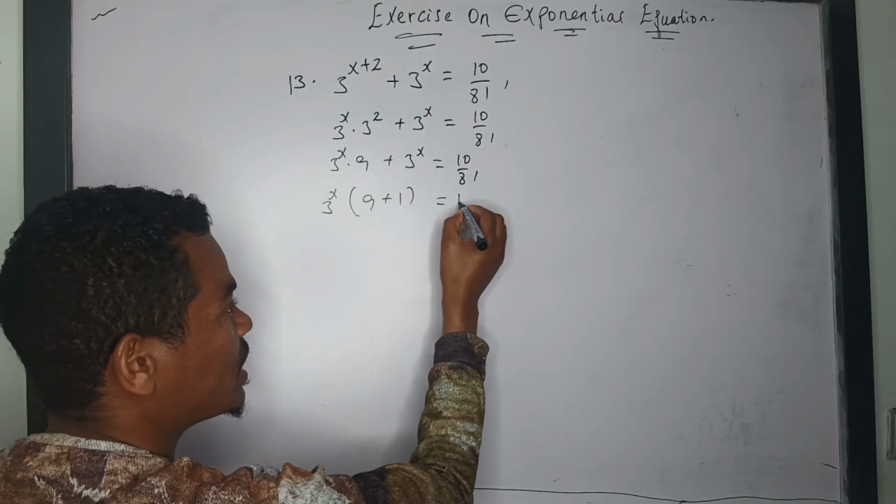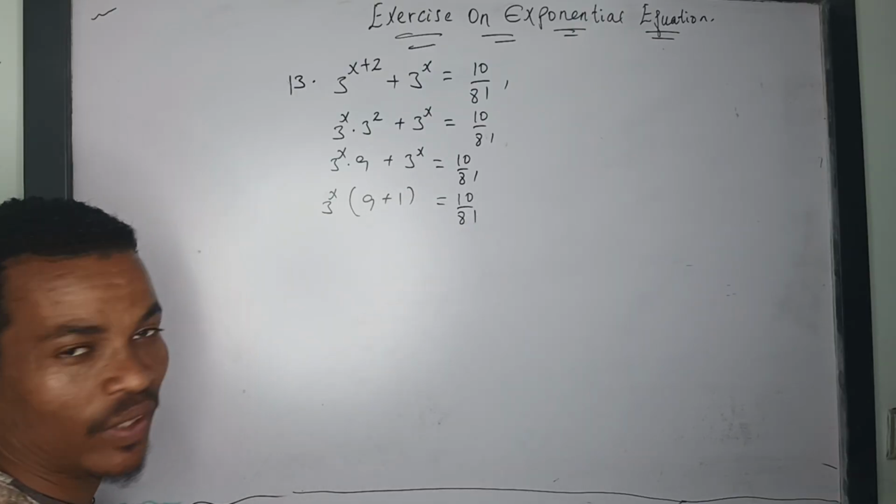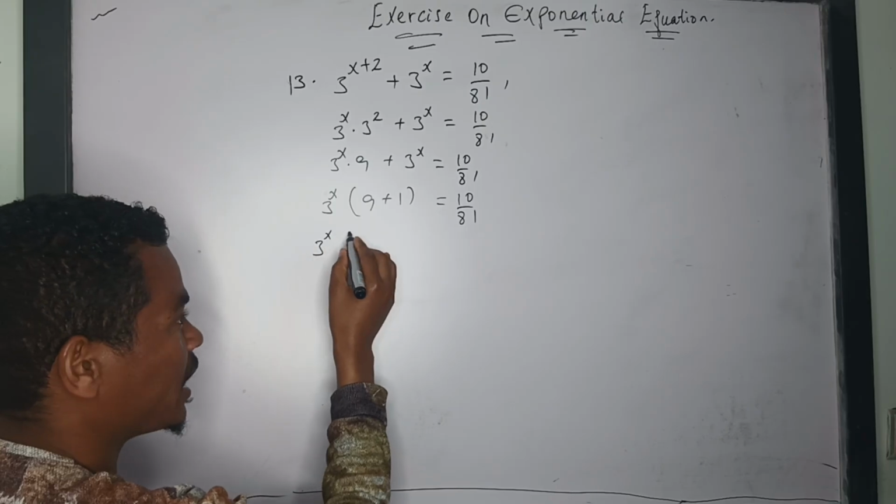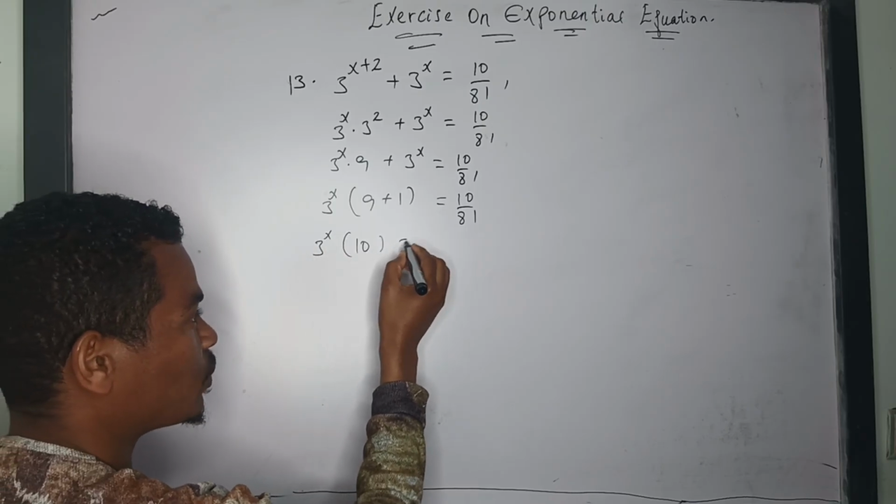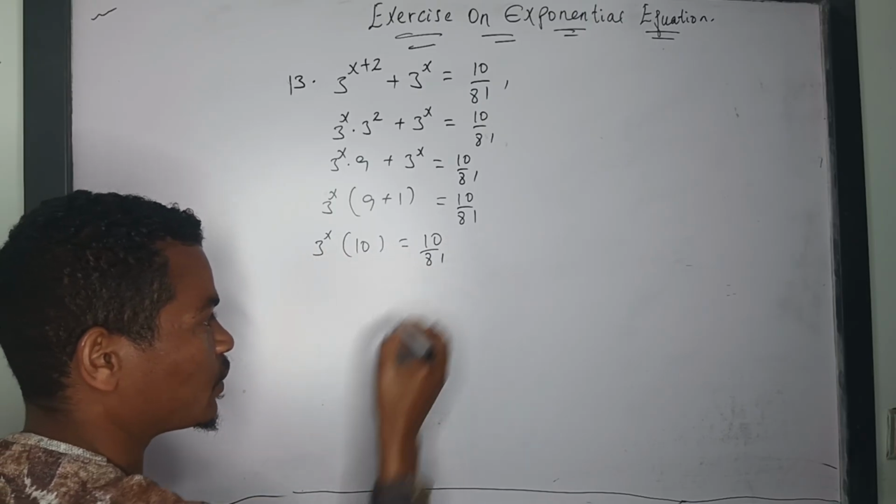So this is the same with 10 over 81. So 3 to the power of x into 9 plus 1 is 10 is equal to 10 over 81.